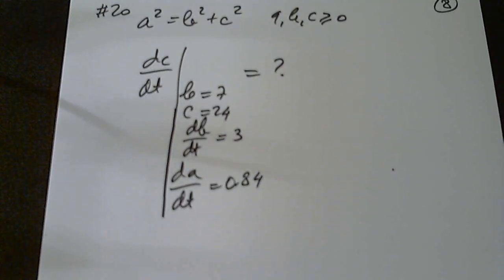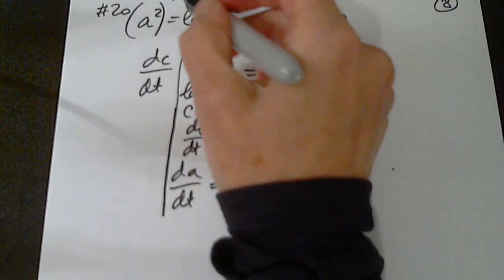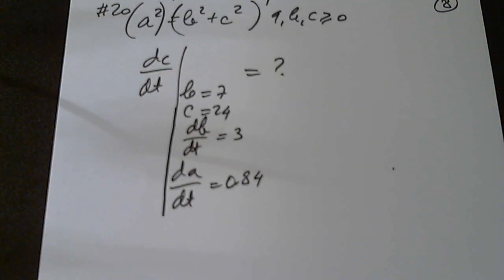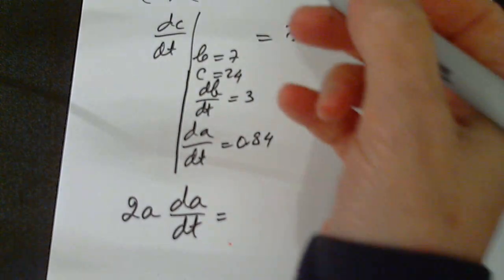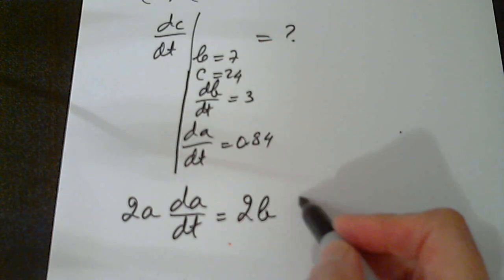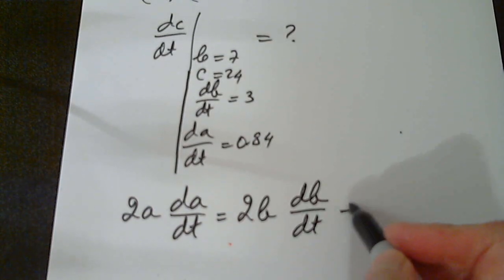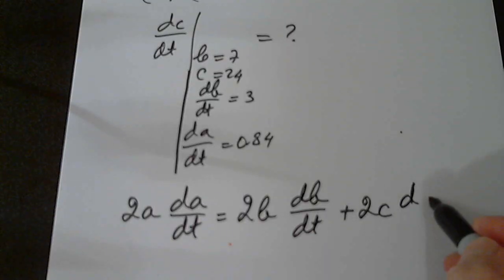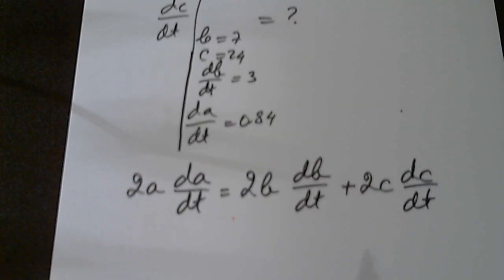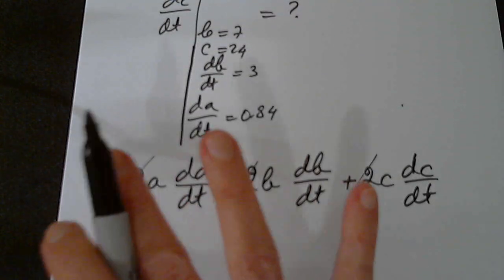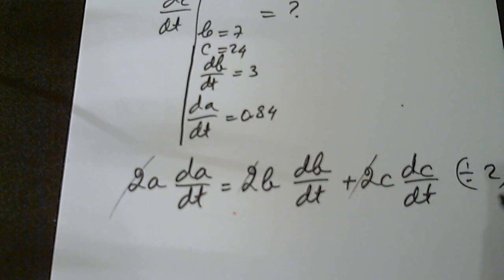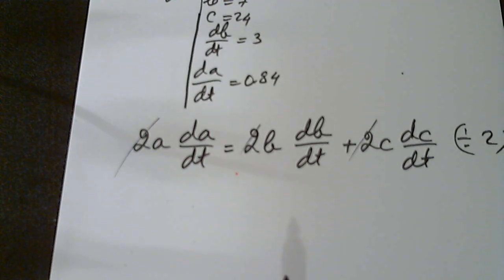I am now able to find the relationship among the rates of these three functions. When I differentiate a squared, I get 2a dA over dt. When I differentiate b squared, I get 2b db over dt. And the same thing, 2c dc over dt. I could simplify by dividing both sides by 2. I shouldn't be doing that in my head; I should write it on the side and then write it again.